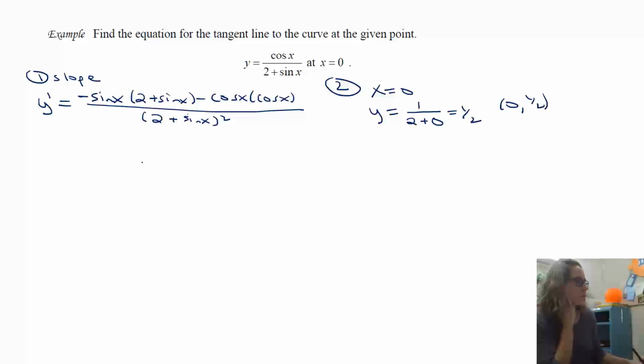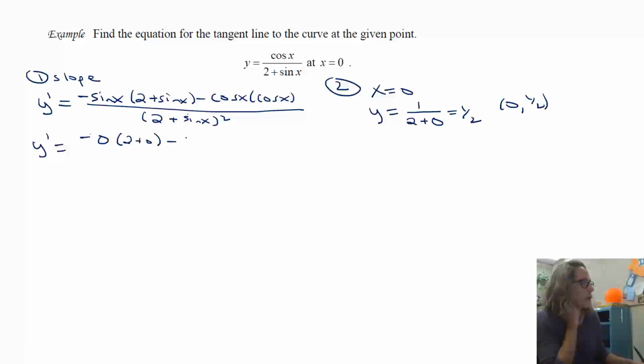And so over here, we still need our slope at x being 0, so I'm going to plug that in right now. I'm not going to simplify this. I don't really see a point if I'm just going to plug in 0. So we see that's going to be negative 0 times 2 plus 0. Well, that's exciting.